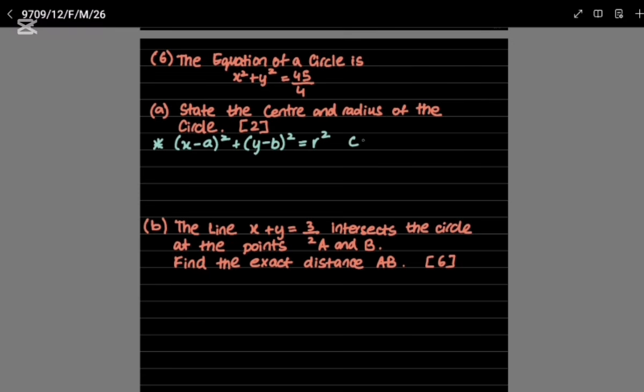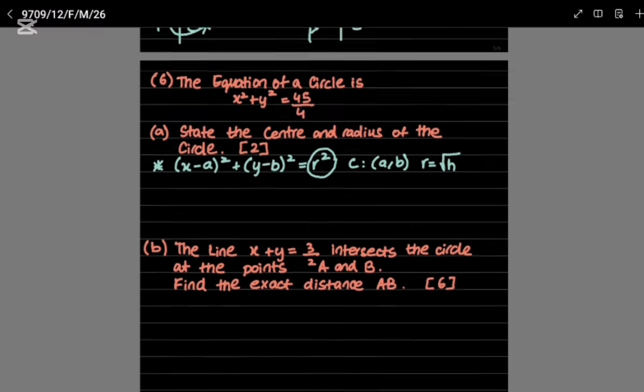So from here, what is the center? It's (a, b). And the radius, you basically take the square root of whatever is over here. So you take the square root of, let's name it h, just randomly named it.